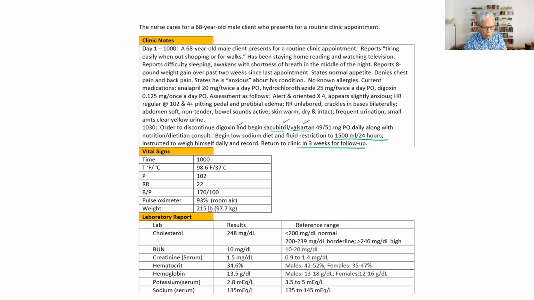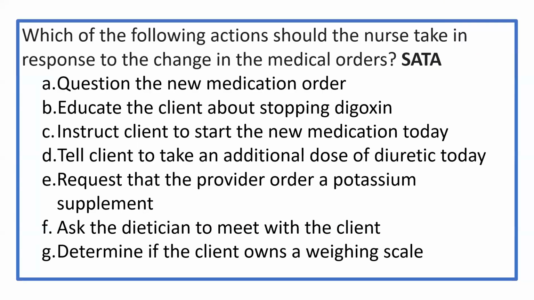This is going to be no good, right? I would question this new medication order. So A is going to be one of them. How about educate the client about stopping digoxin?